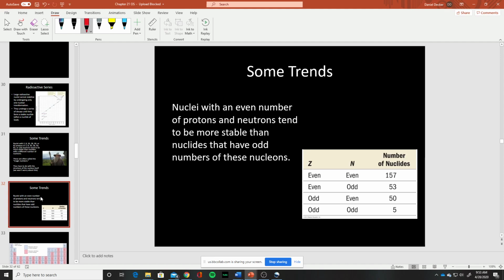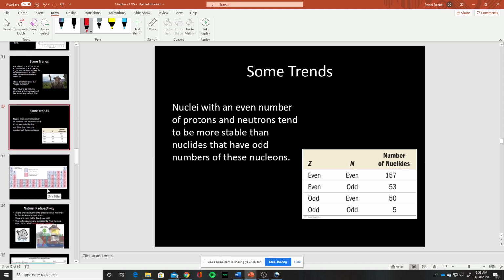It's like, okay, so does the magic number outweigh having an odd number of this? There won't be confusion like that. So if you work out correctly how many protons there are, how many neutrons there are, it should be clear whether the isotope is likely to be stable or not. So be sure you know how to do that.